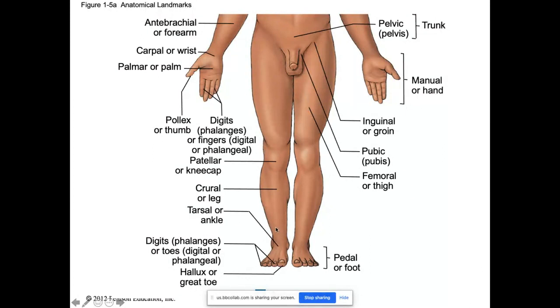Femoral is the thigh. Crural is the leg. And then pedal, like pedal, that's for the foot. And again, hallux and phalanges. In the palm, it was palmar and pollicis. Hallux is the great toe, phalanges are the other toes. Phalanges are the fingers, pollicis or pollex with the palm for the thumb.